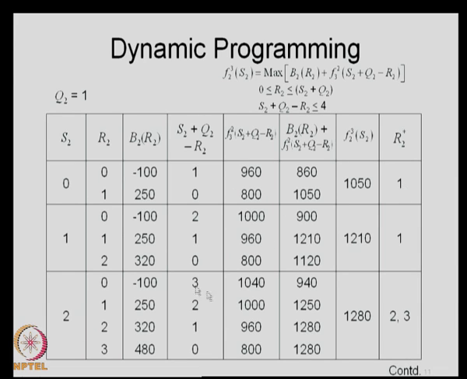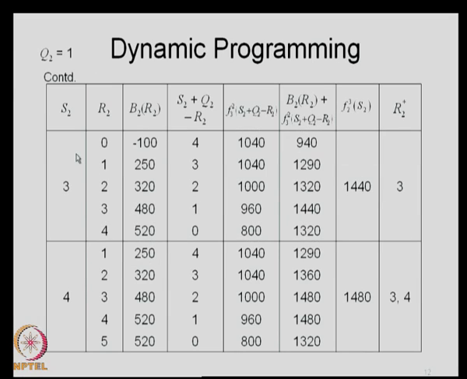One more computation I will show you, and then you can verify all the other tables. Let us say that S2 is equal to 3. S2 is equal to 3, you have Q2 is equal to 1. So, 3 plus 1, 4. You are still within the capacity. Always check that the end of period storage that you get here should be a maximum of 4.